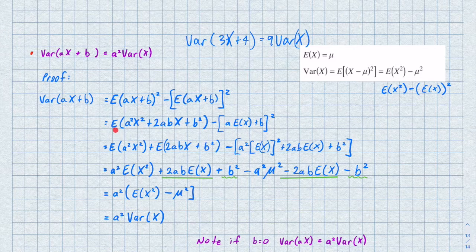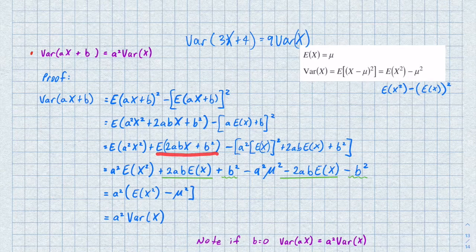Now, expected value, we saw above that those things can be separated out. So you've got the expected value of the first thing plus the expected value of those two things separated, minus, and I've just expanded out that perfect square there. Now, we saw above, I can pull the a squared out here.